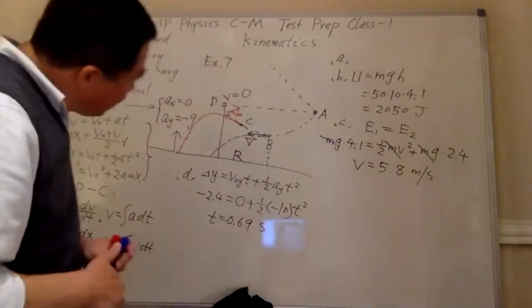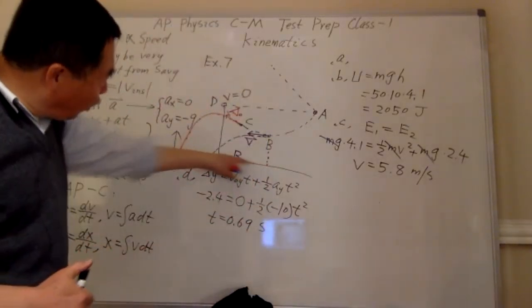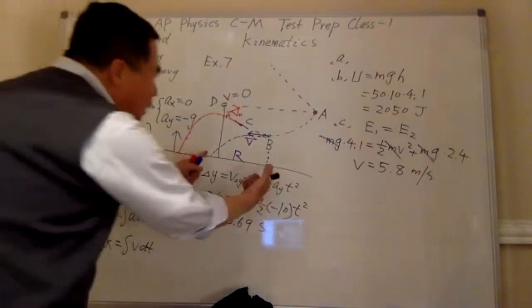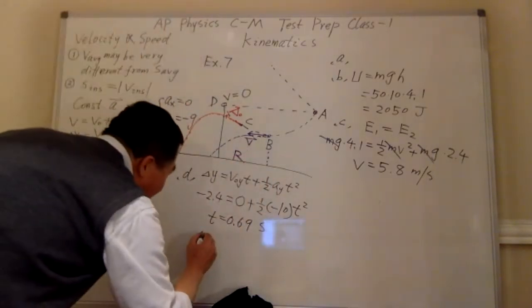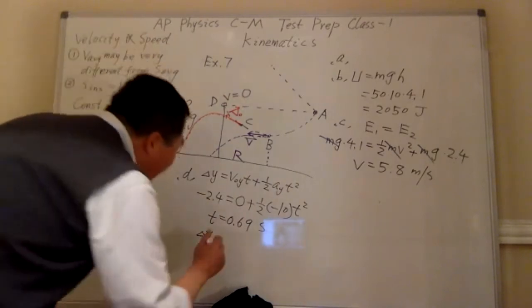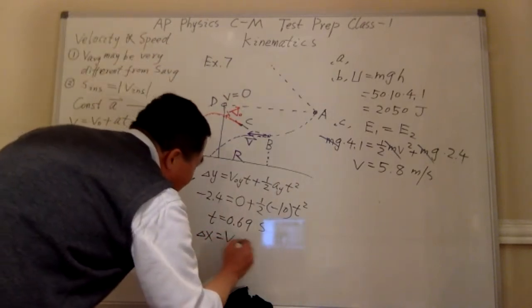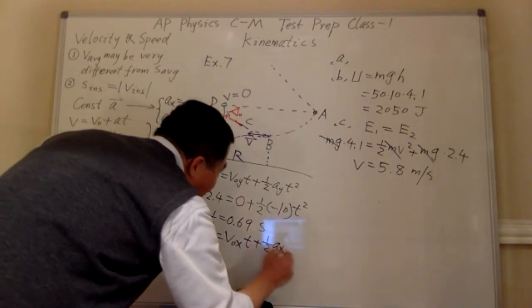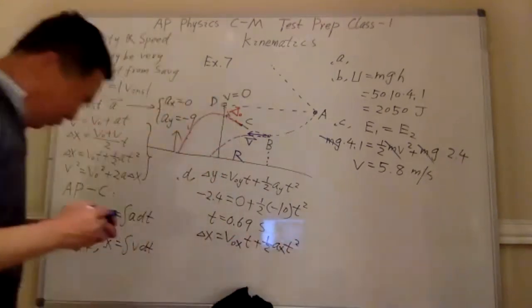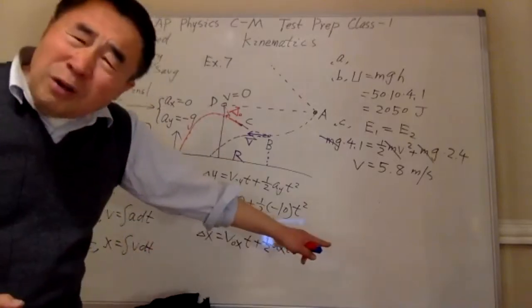After I do that, they want to figure out the horizontal distance. Then this time I use delta x. Remember, I always suggest you remember delta x equals v naught x t plus a half a x t square. I always recommend students apply the original formula.